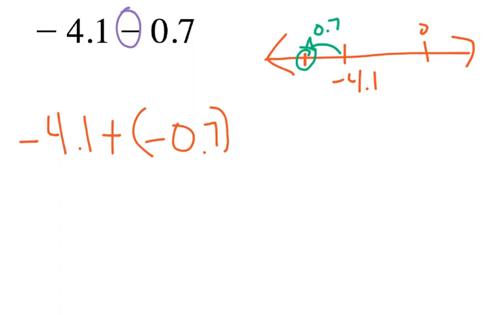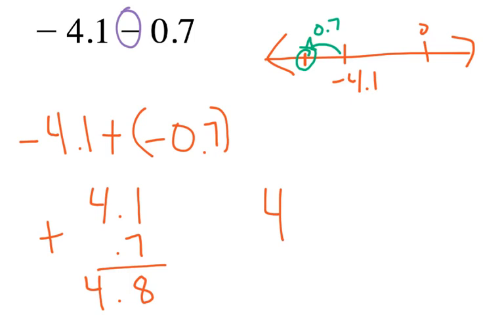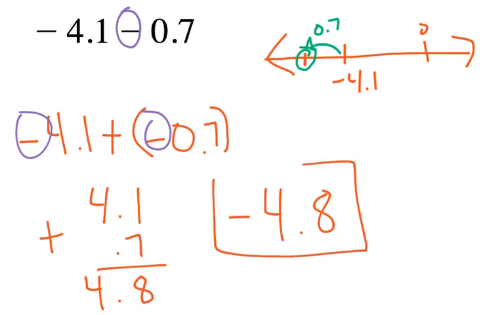If I've got 4 1/10 negative plus another 7/10 negatives, I've got 1/10 plus 7/10 is 8/10. There's my decimal, 4 whole plus nothing is 4. So I had 4 and 8/10, but all of those were negative because I was adding negatives together. So this is negative 4 and 8/10.